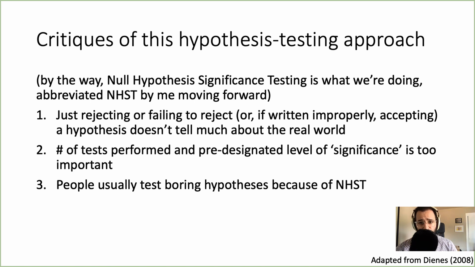Third big issue with NHST is that most hypotheses, due to the structure of the form, are that there is no difference between two groups. So in the examples we've talked about in the past in this class, I think that B vitamins will make children score higher on IQ, and so my null hypothesis is that the two groups, the children who took vitamin B and the children who didn't, are going to be the same.